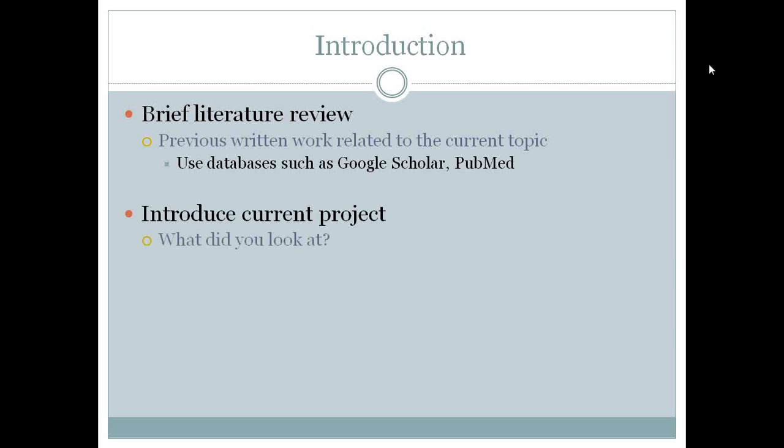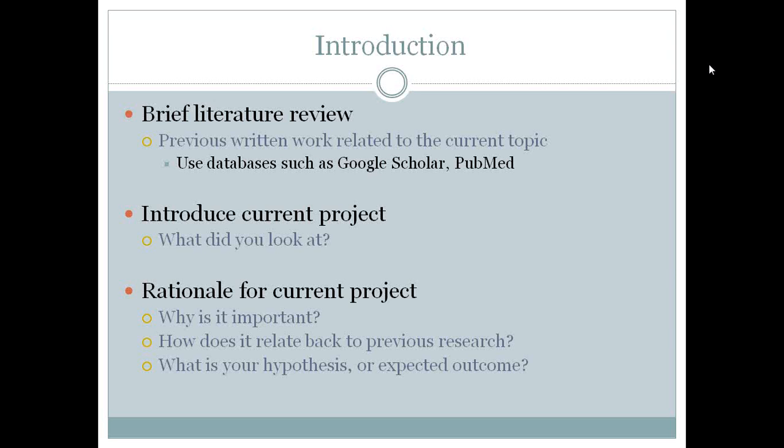So you're going to talk about your current project. What did you look at? What was your topic? And you're also going to include the rationale for your current project. So what is so important about the problem that you looked at? Maybe it's something that hasn't been looked at before. Maybe it's a unique condition. Or maybe you worked on a participant that had a common problem, but they had very different results than you expected.